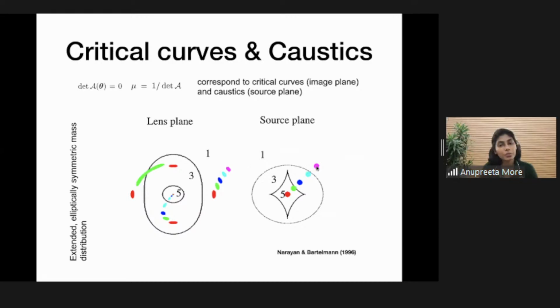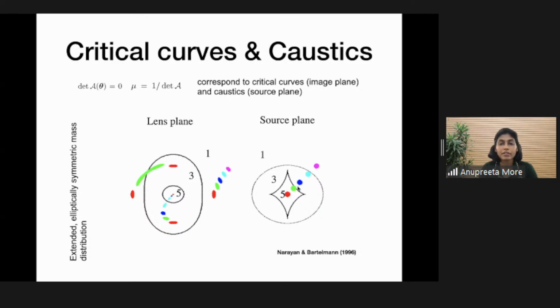Yeah, so if the source is located here sufficiently far away, then you can see one slightly distorted image of the magenta source. And as you go closer to these caustics, in this region marked with the label 3, we expect to see 3 lensed images. That's shown by this sign and the dark blue color. Then you can see what the corresponding lensed images look like.